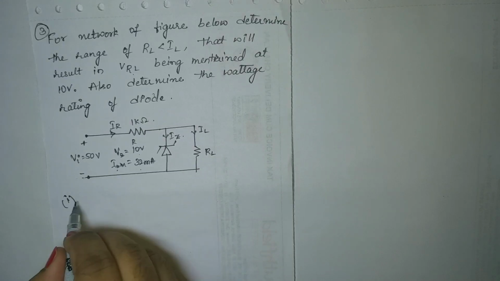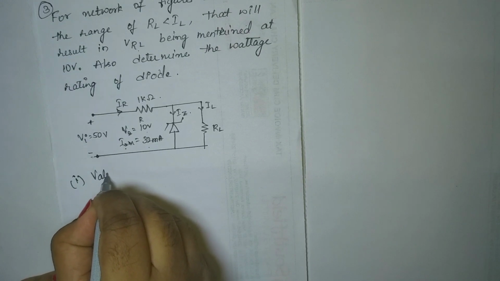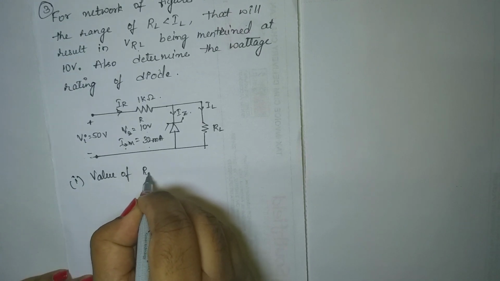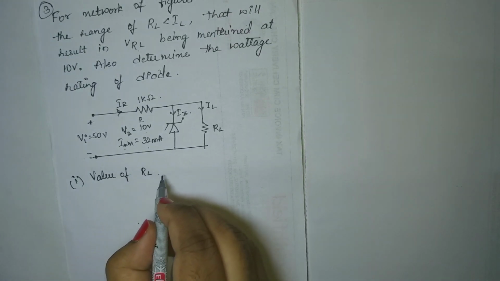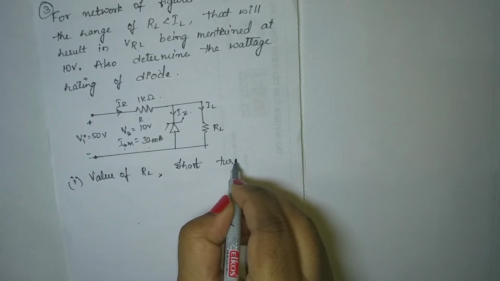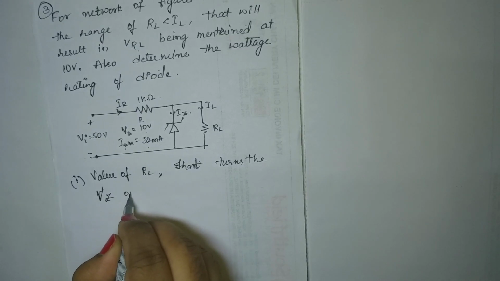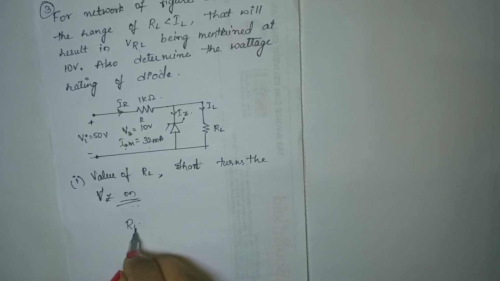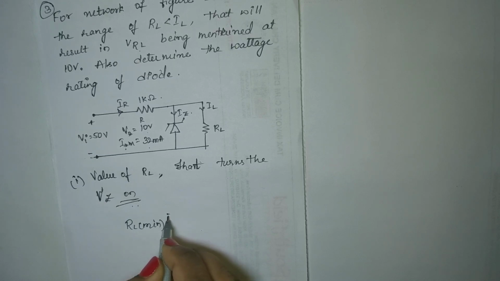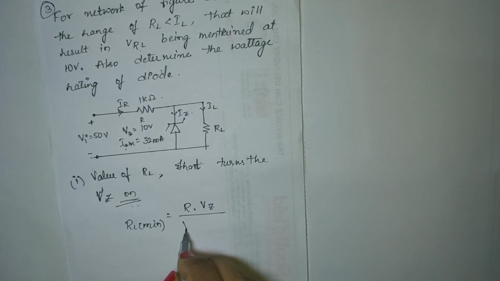So the first step is we need to find the value of RL that will turn the Zener diode on. That means RL minimum I need to find out, which is equal to R into Vz divided by Vi minus Vz.